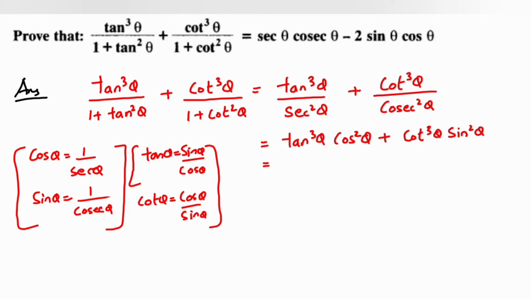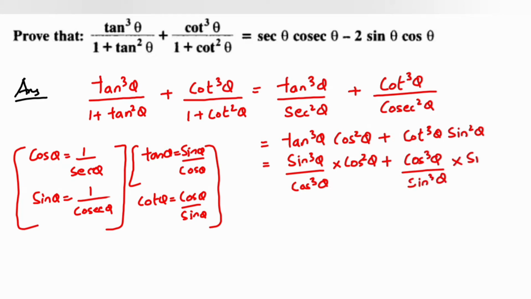So this is equal to sin cube theta upon cos cube theta multiplied by cos square theta, plus cot can be written as cos cube theta upon sin cube theta multiplied by sin square theta.